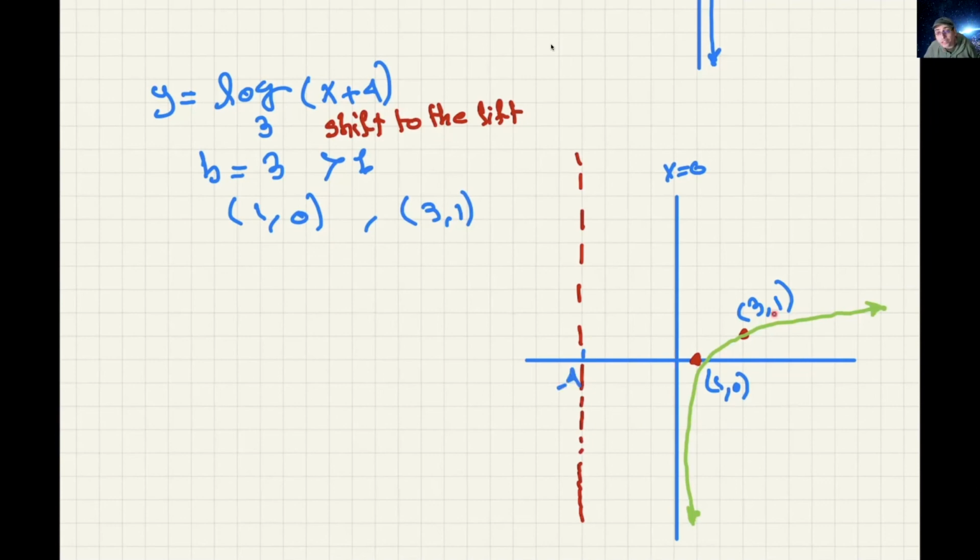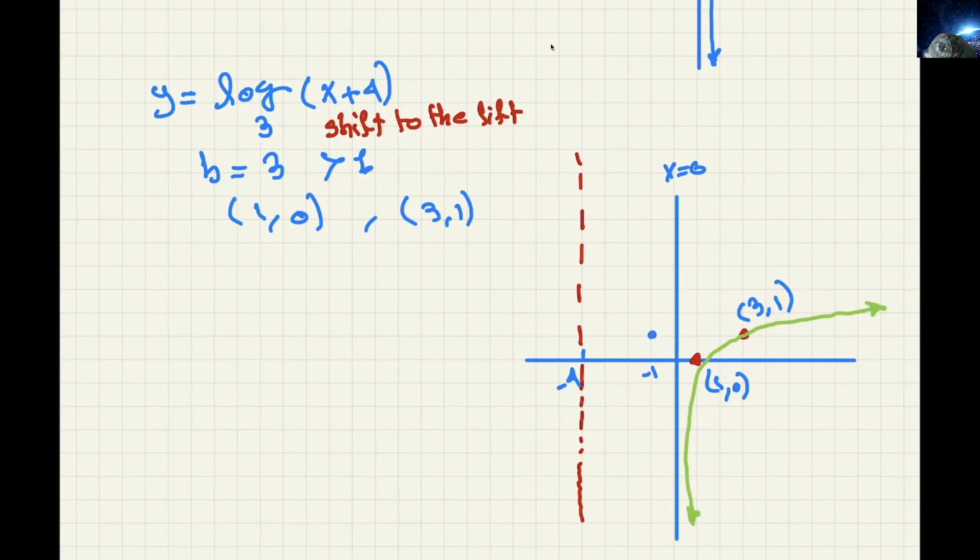So now I'm shifting these 2 points, and for the x-coordinate, I have to subtract 4 in both of these. So this point must be 3 minus 4, which is going to be -1 and 1. I'm going to go here and find -1 and 1.